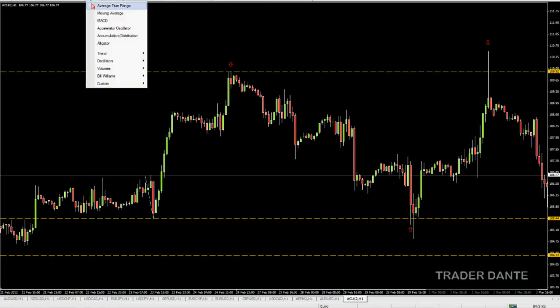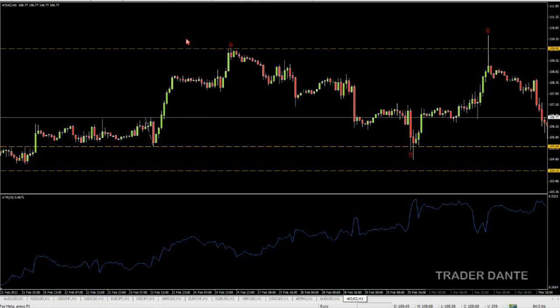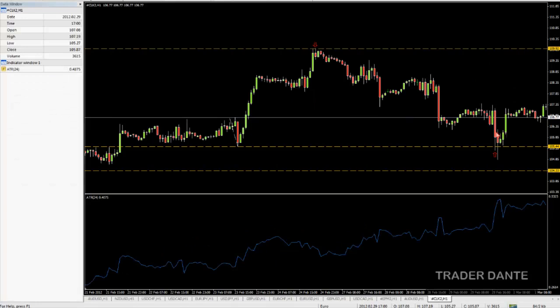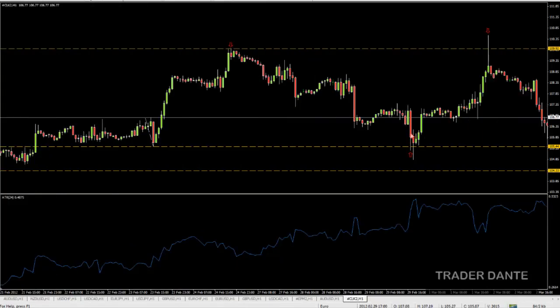Let's just have a quick look, Hugh. Okay, so on that candle, the ATR was 48 ticks. So 48 ticks beneath 105.27 is 104.79.